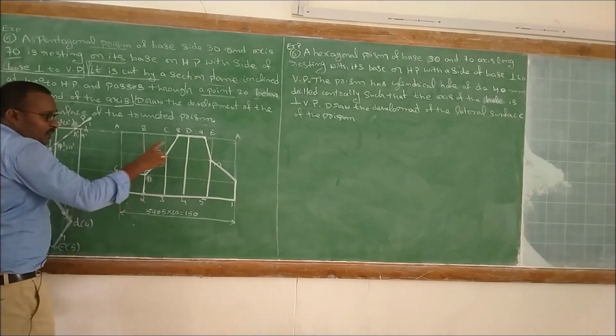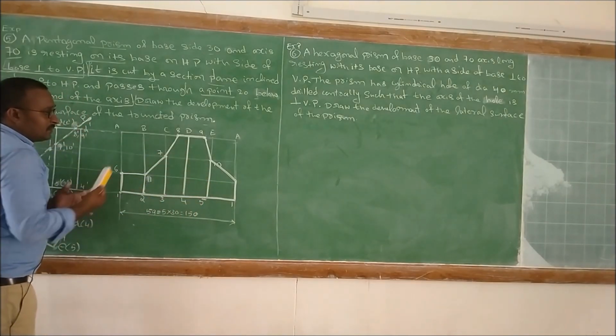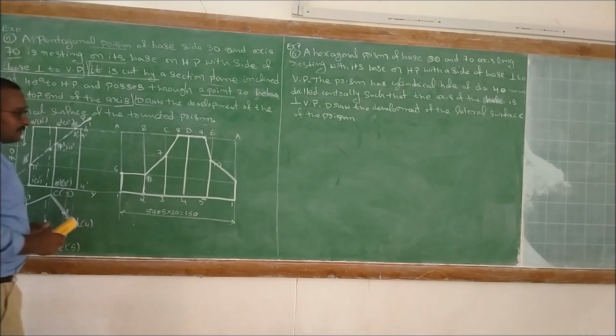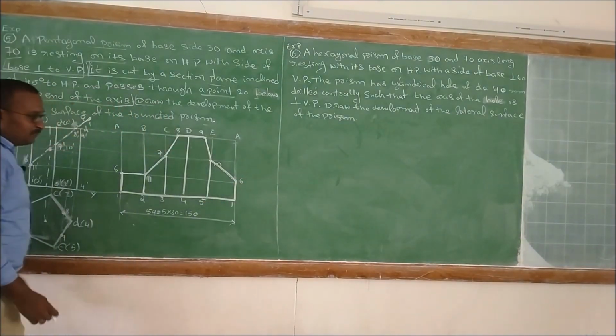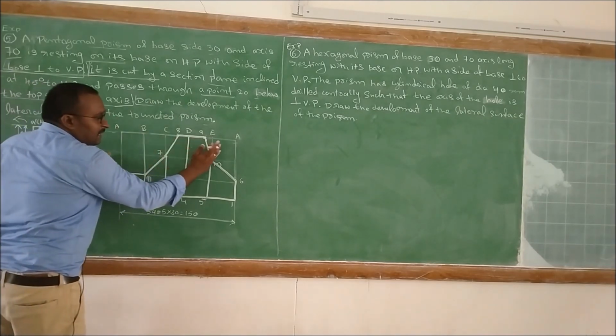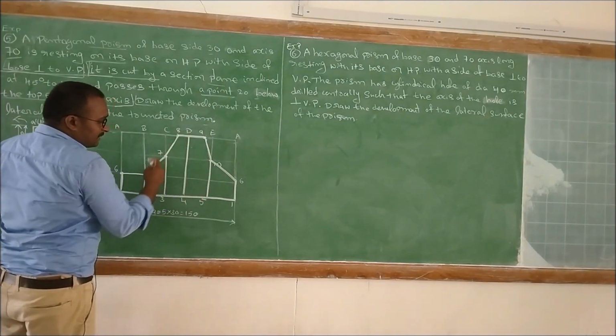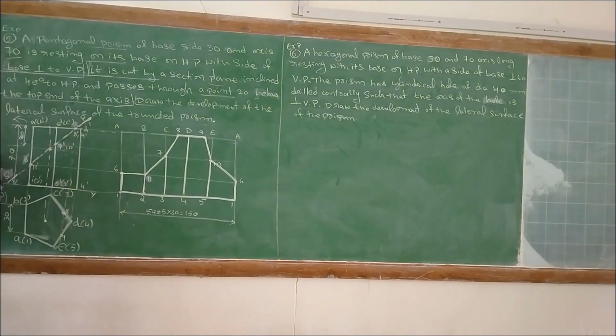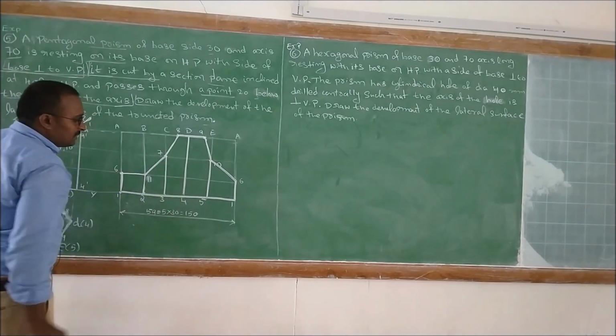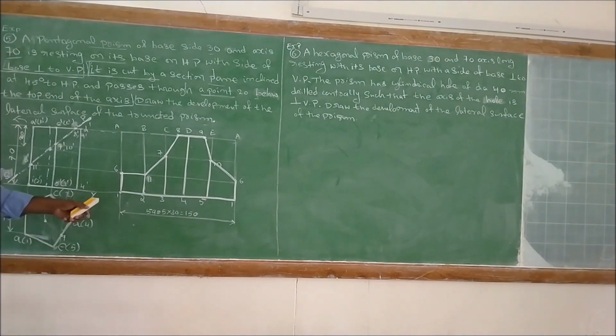So here it is the finalized development of the truncated portion. So after removing this particular portion, we will have a truncated portion like this. So this is the lateral surface development of a prism when it is cut by a section plane. Right? So it has been completely removed like this. So here this is the solution for the 5th example.